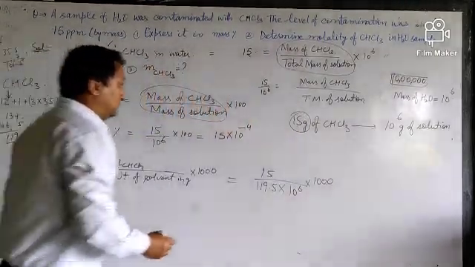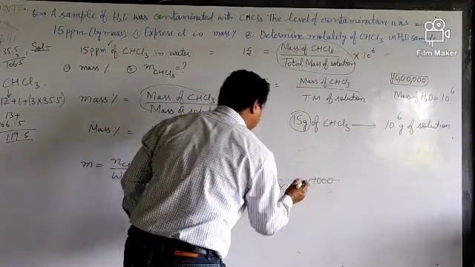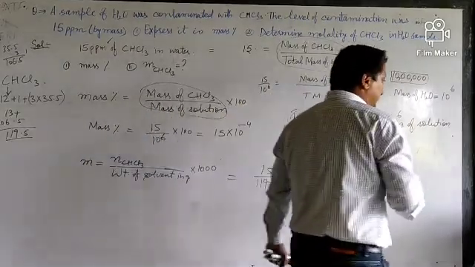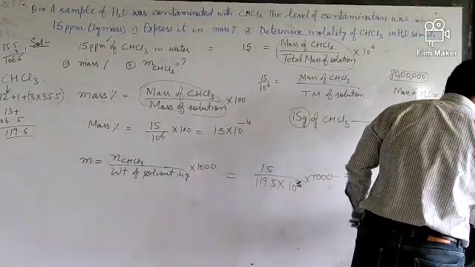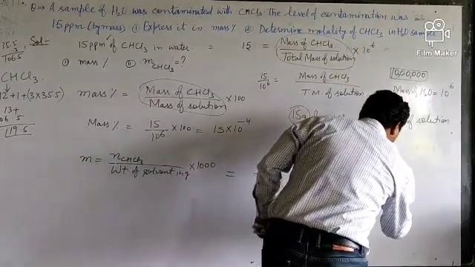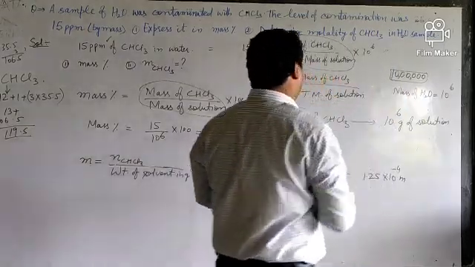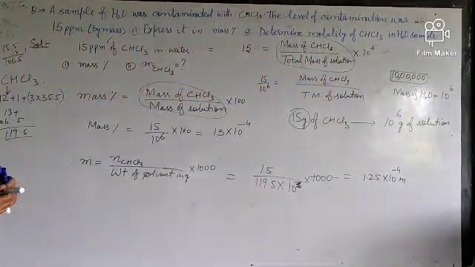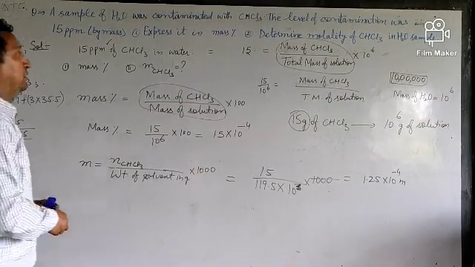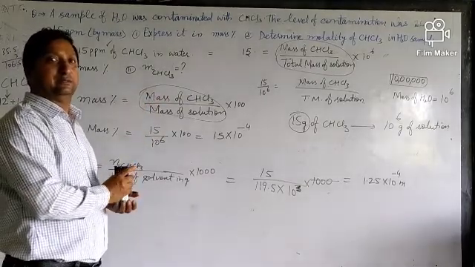Okay, so this will cancel out with this, only the power 3 will remain here, and the answer would come out to be 1.25 into 10 raised to power minus 4 molal. 1.25 into 10 raised to power minus 4. So these types of questions can come to you in the exams.